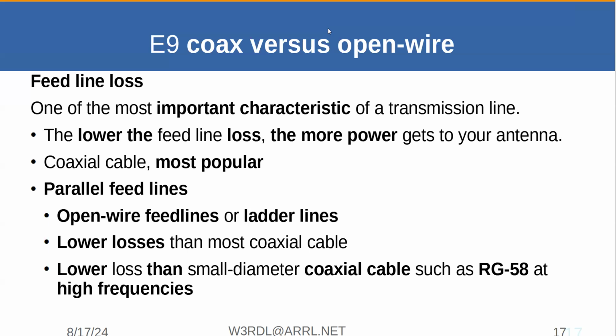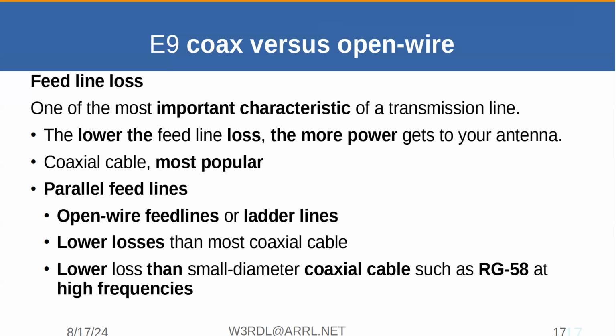That's part of the thing we took into account when we did the effective radiated power, was the feed line loss. So, I mean, that's power that's not getting to the antenna. It's just generating heat in the transmission line or whatever it is.